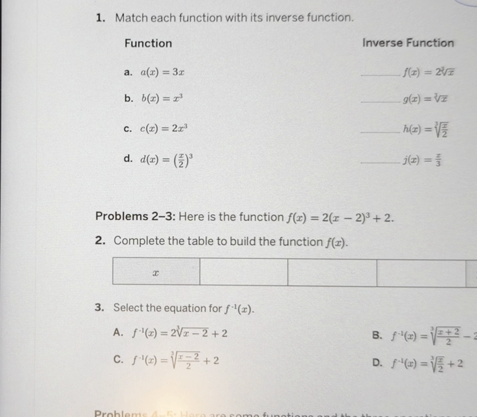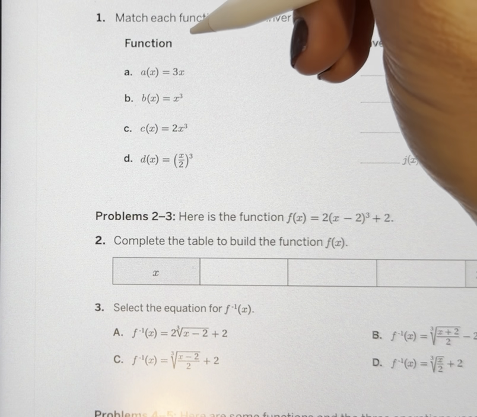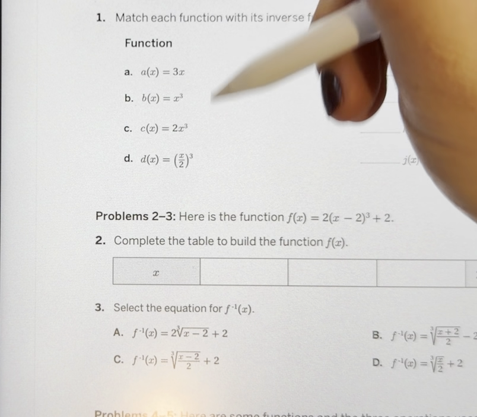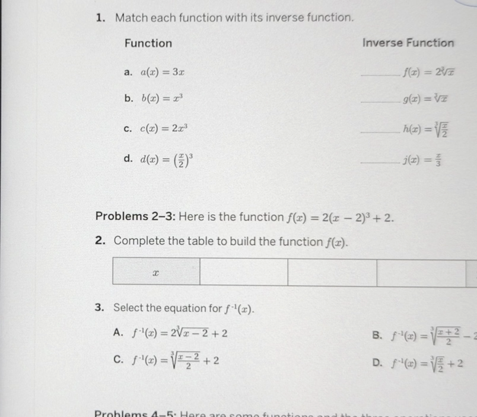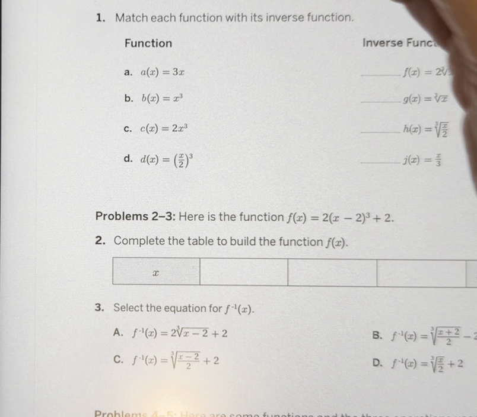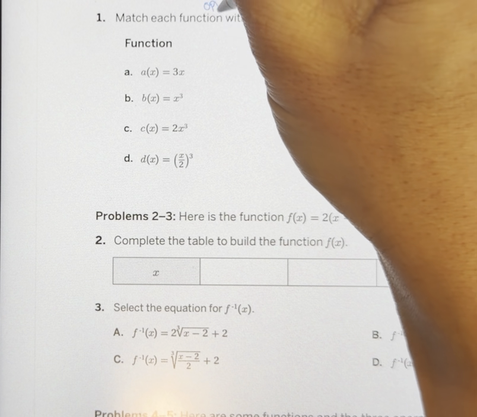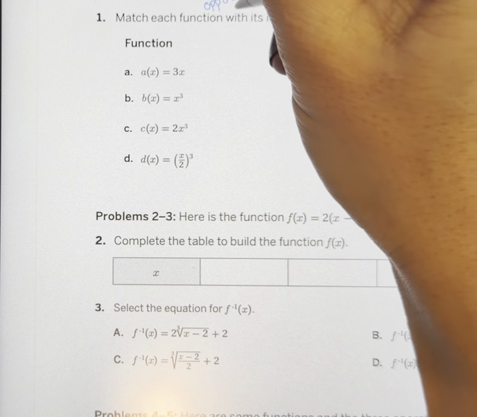So here's the first thing I would say to you about inverses. When they're super simple equations like these, a lot of times the inverse can be predictable. Because what we saw in class was, if you look at a function and its inverse, you see a lot of opposite operations.